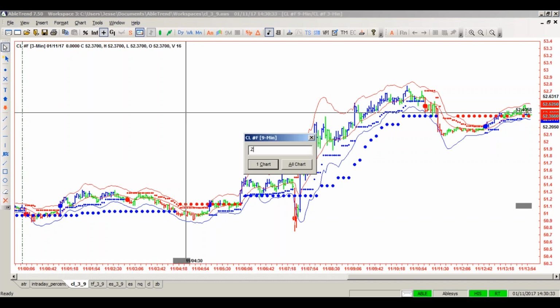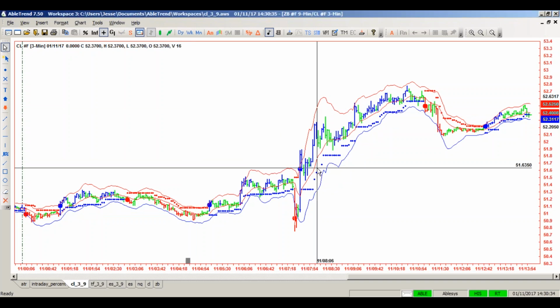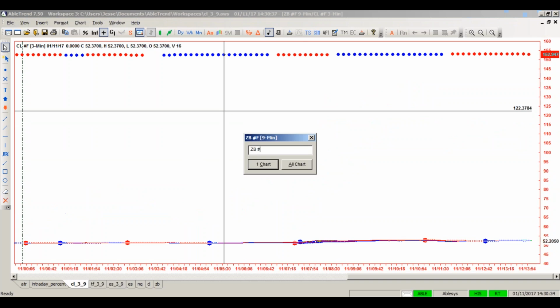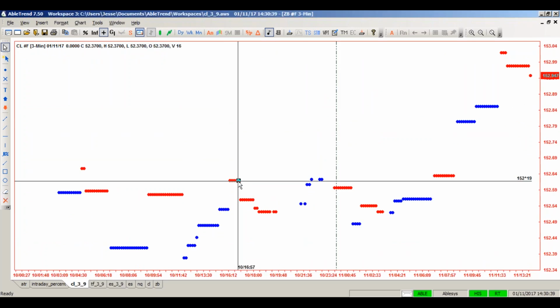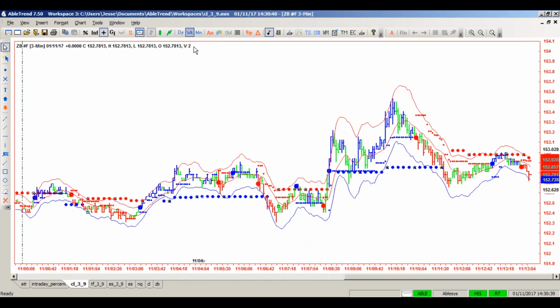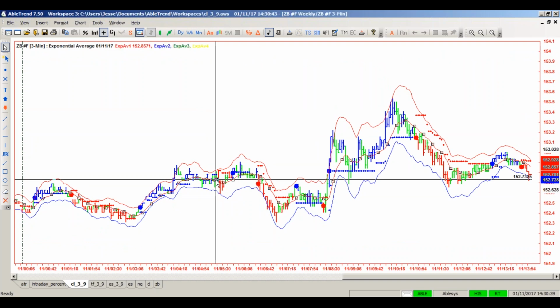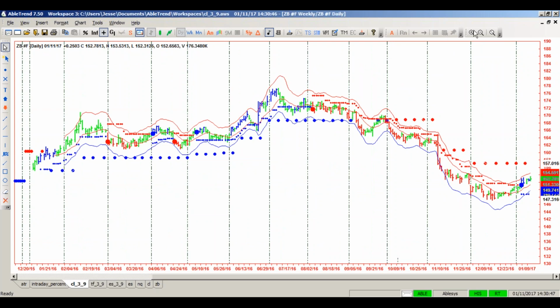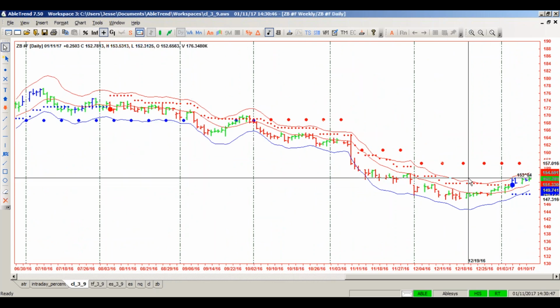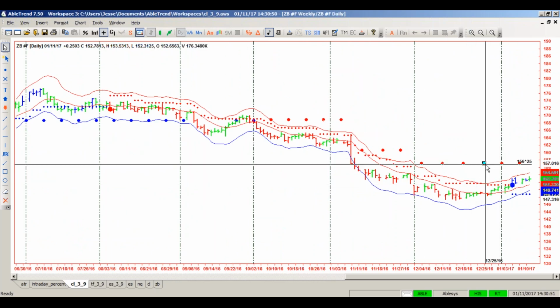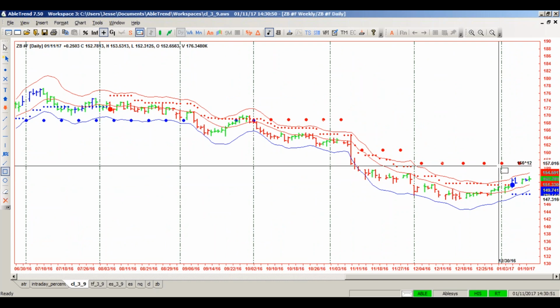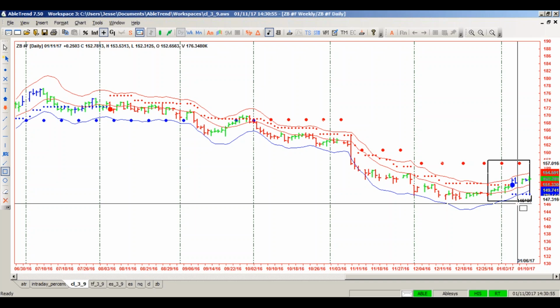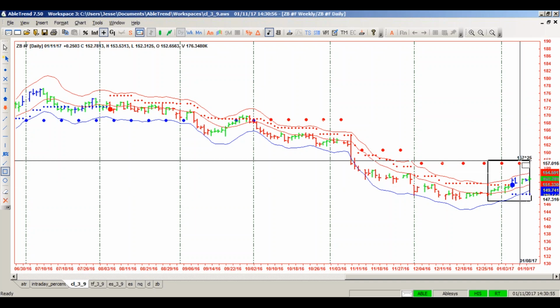If I were to just change this to ZB, and we change the longer time frame to weekly, and the shorter time frame to daily, and we see like this. All right. Well, there's a little bit of room for price to continue up, but we have a no trade zone, right? Blue bars going into resistance.